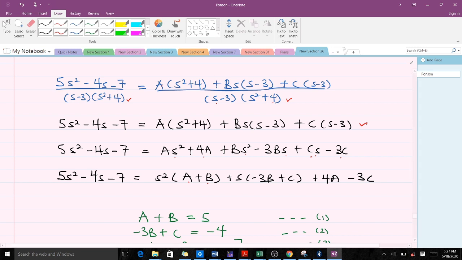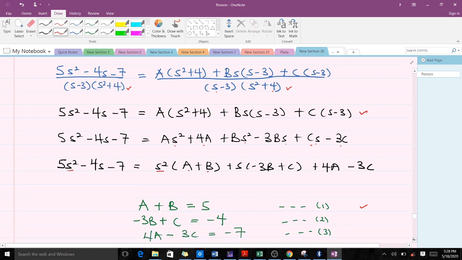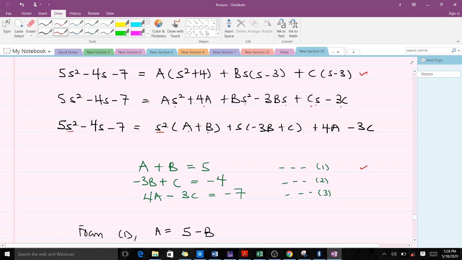So you realize that the coefficient of s squared here is A plus B, that of s squared here is 5. So in our first equation, we are going to get A plus B equal to 5. In our second equation, we compare the coefficients of the s's, both at the left hand side and at the right hand side, and that is going to give us negative 3B plus C equals negative 4.